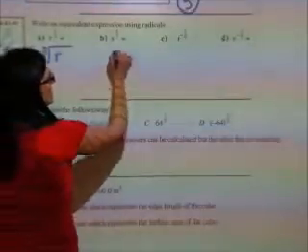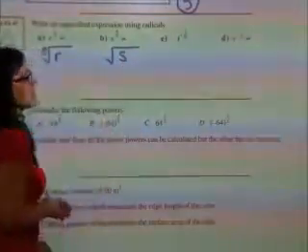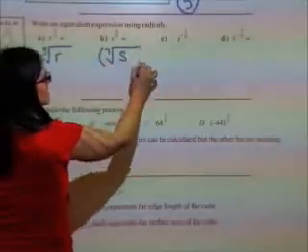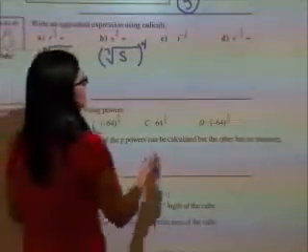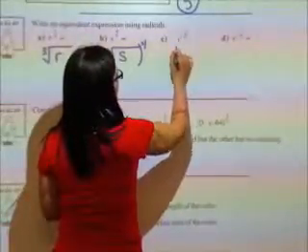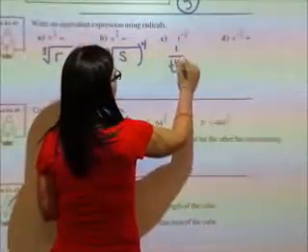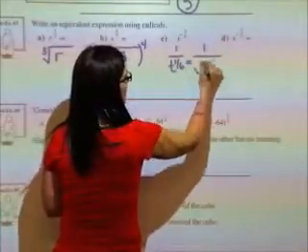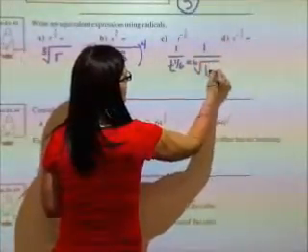If I have s to the power of 4/7, s goes underneath, the 7 becomes the index, and the 4 becomes the exponent. In C, I have a negative exponent, so this becomes 1/t to the positive exponent, which as a radical becomes the 6th root of t.